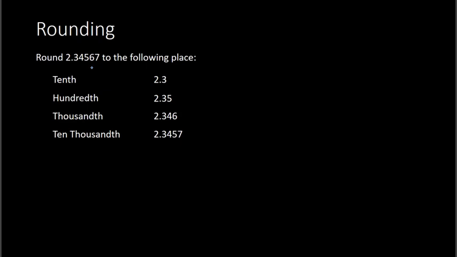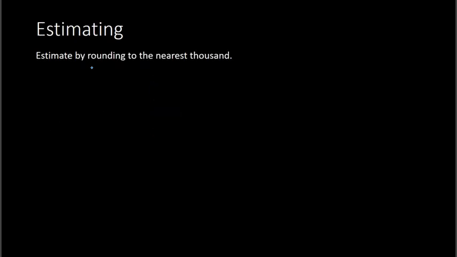So that is how you round. Now to estimate, I'm going to round the different numbers that I am either adding or subtracting or multiplying. So for example, if we were to round to the nearest 1,000 and we are given these two numbers, what you do is you round each number to the nearest 1,000 and then you add together. So if you have the 4,827, that would round up to a 5,000.